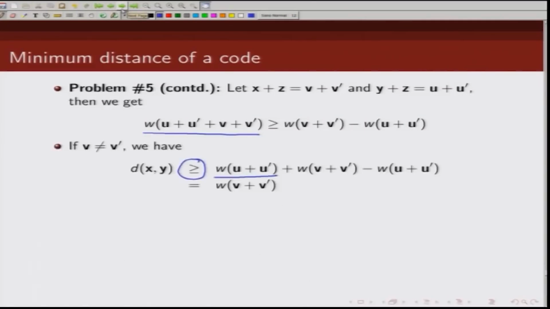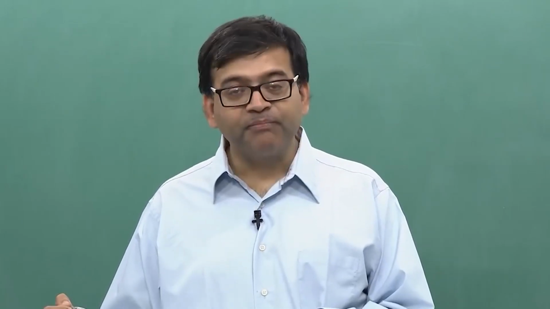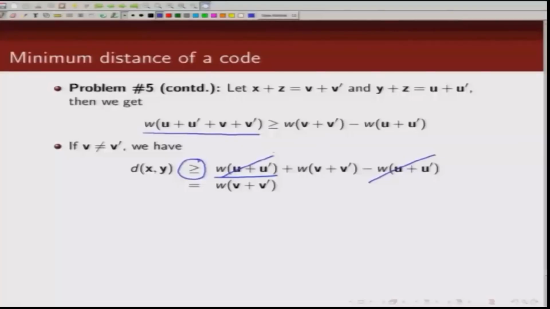So we write it here. Now, this can be further written as the Hamming weight of v plus v prime, because these two cancel out. So what we have shown is when v is not the same as v prime, the Hamming distance between x and y is greater than or equal to the Hamming weight of v plus v prime.